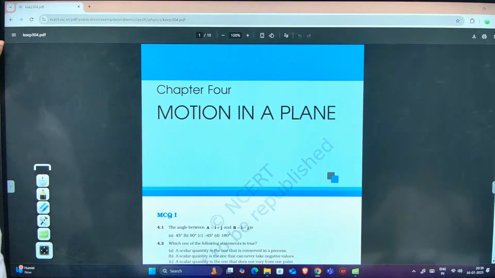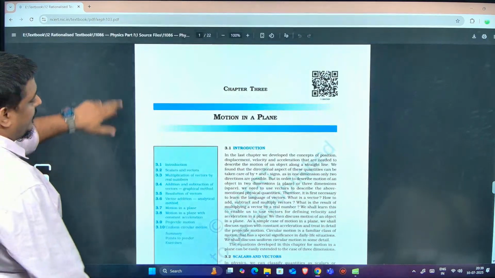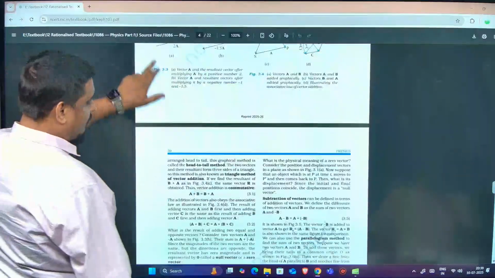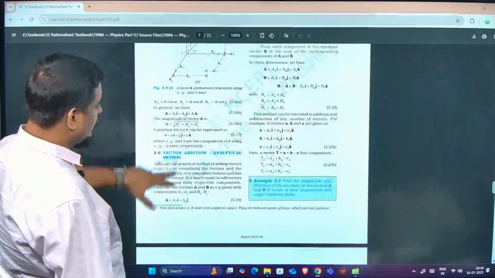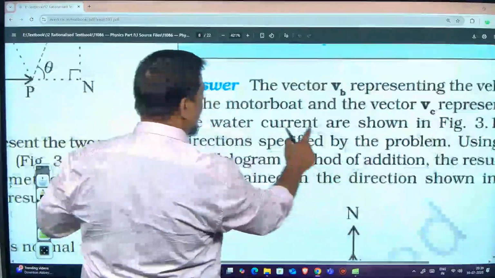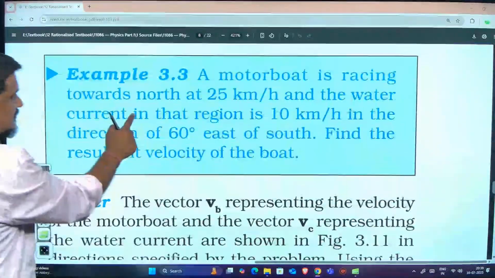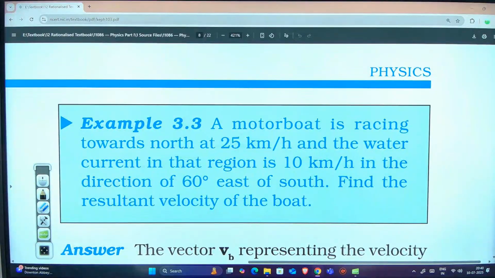Only questions. If you have the book, you can open it. If you don't have the book, I have opened it in front of you. Don't worry. So see this question without seeing the answer. Solve fast. NCERT book question. Solve. Make it fast.